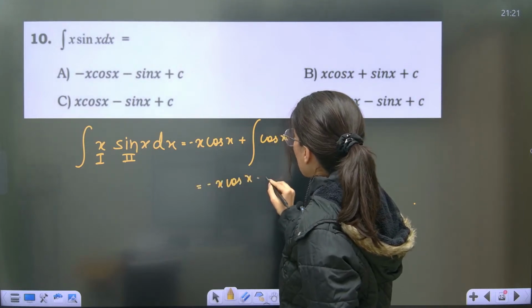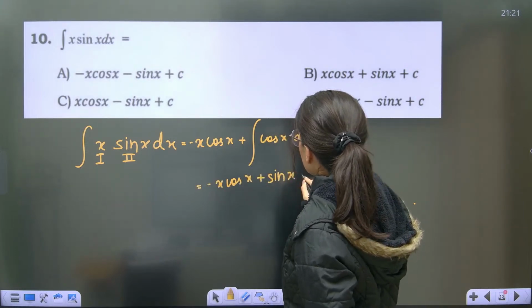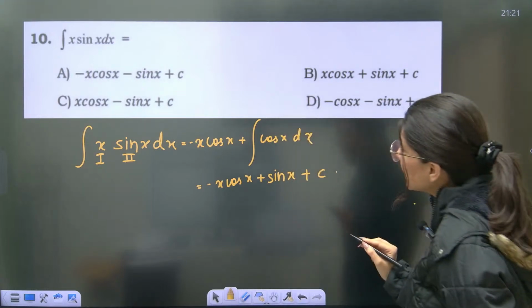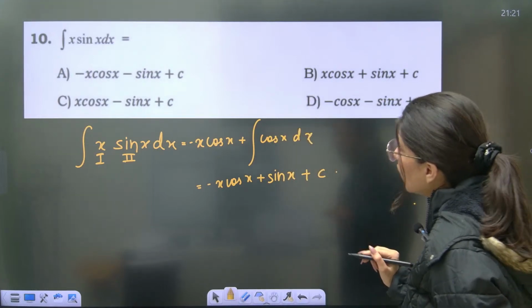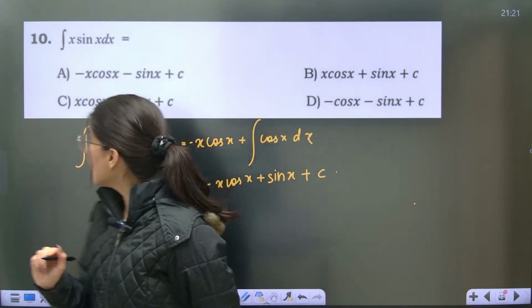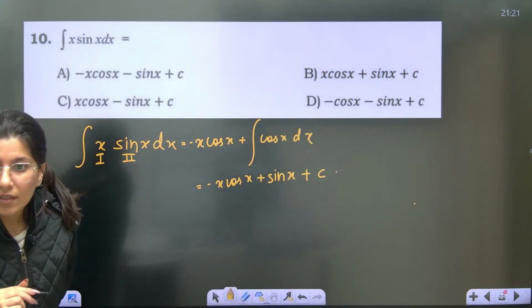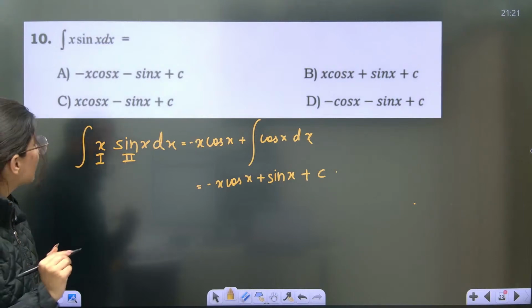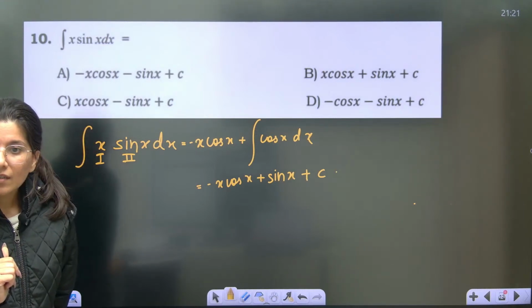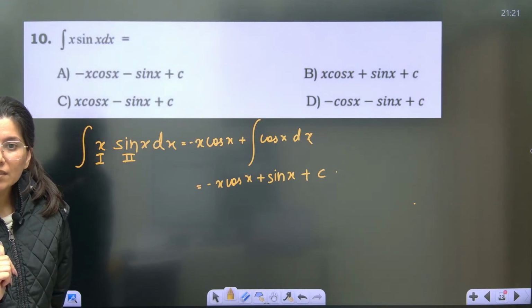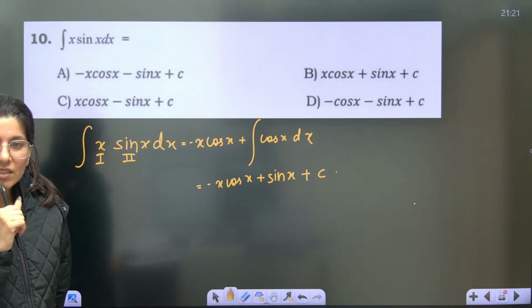Now integration of cos x is sin x plus c, but I cannot see anything matching with this. Oops, I think option A and B. Second function is sine. Can anybody help me? No answer is matching.